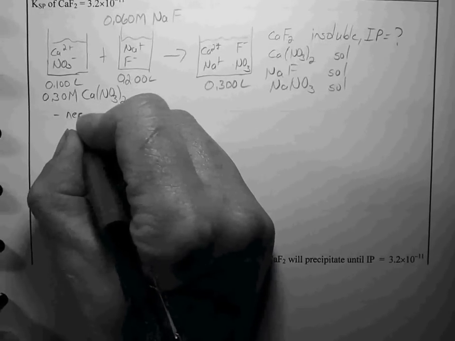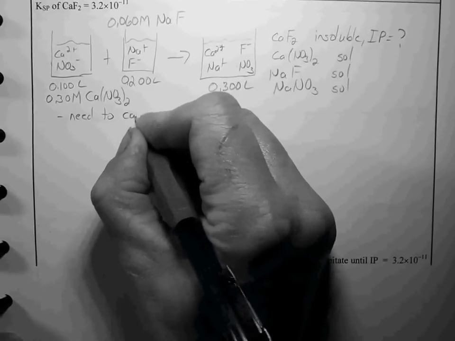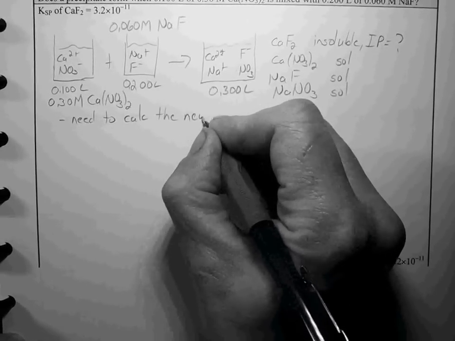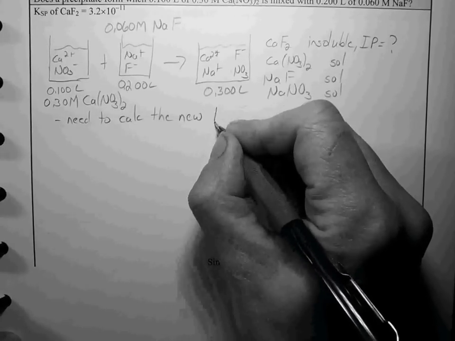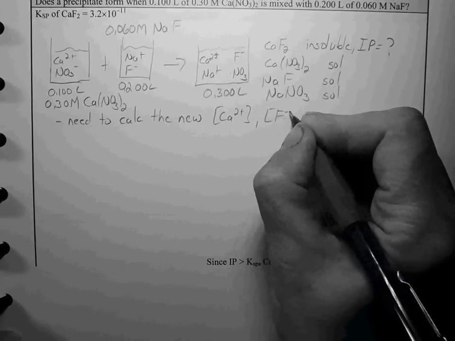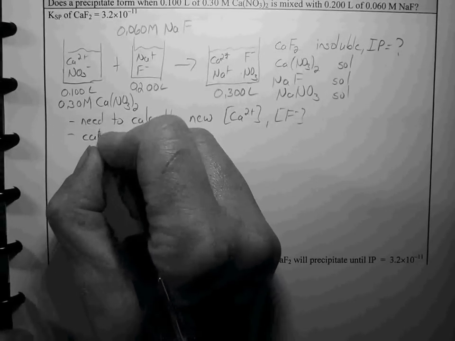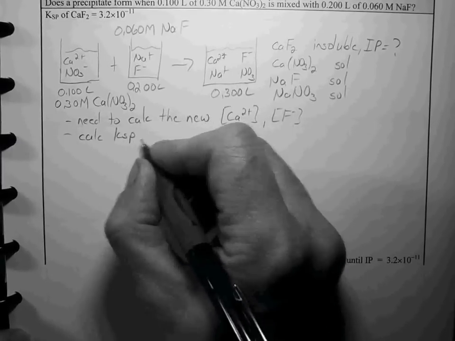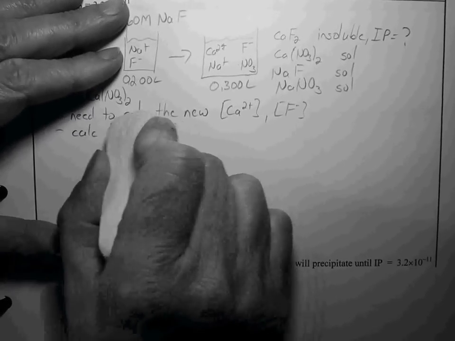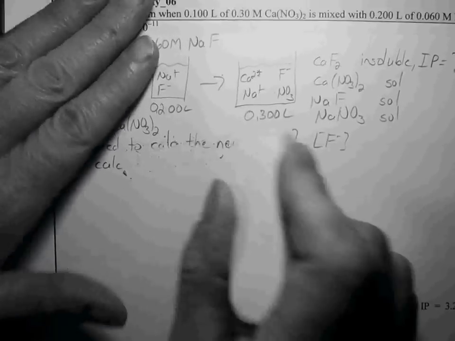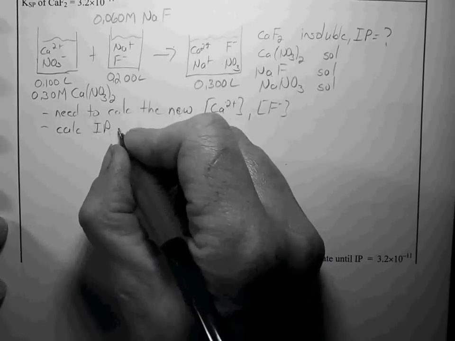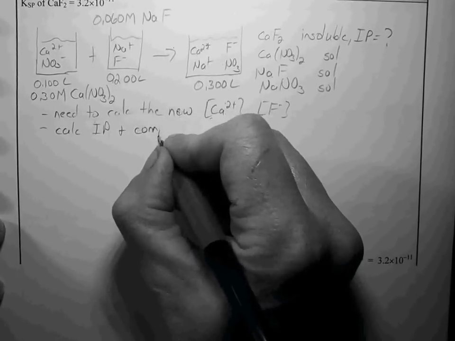So we need to calculate the new concentration of calcium 2+ and fluoride ion, and then calculate KSP. Excuse me, we don't know if we're at equilibrium, so we're going to be calculating IP. We'll calculate IP and compare to KSP.